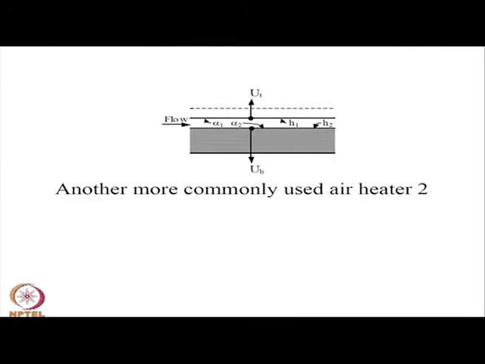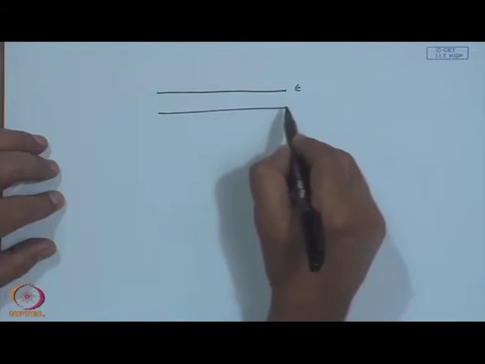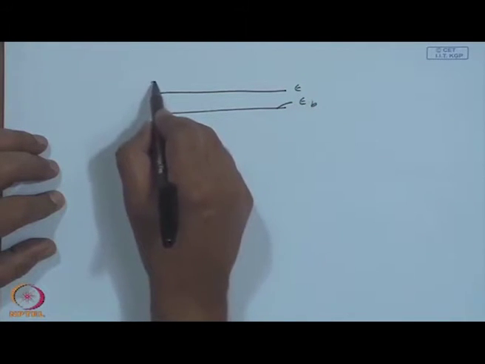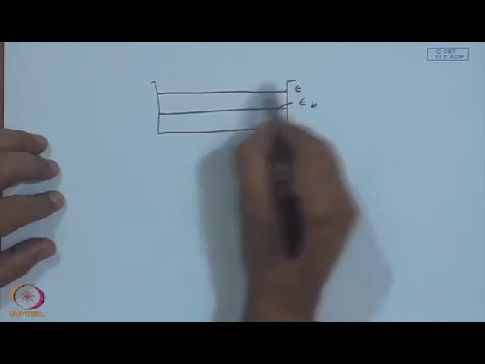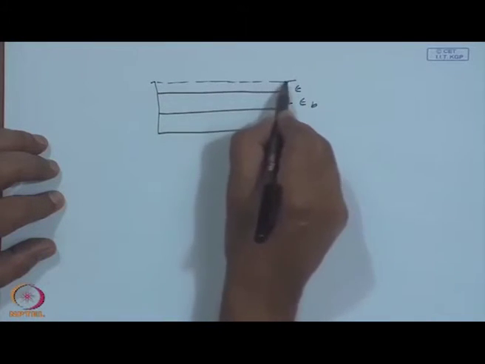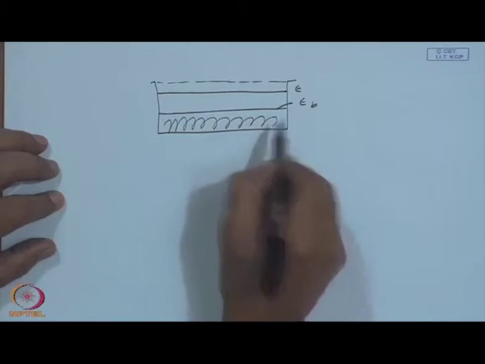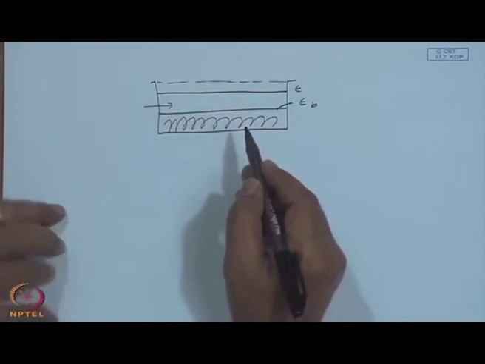And here we have also considered a duct formed by an absorber plate of emissivity epsilon and a bottom absorber plate kept in a box with a top cover, and this being insulated, and the flow being in this direction or perpendicular, depending upon the view.